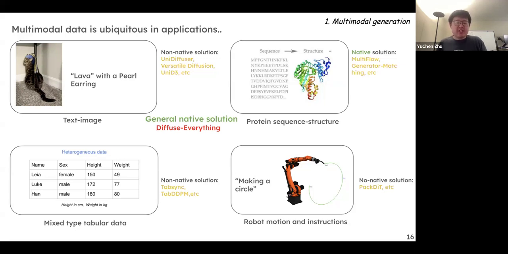We want to provide a general native space solution that could potentially be extended to any of the combinations listed here. But of course, for the sake of presentation, we'll focus on two applications which also haven't been done in the literature: co-generating text and images natively, and co-generating mixed type tabular data natively as well.